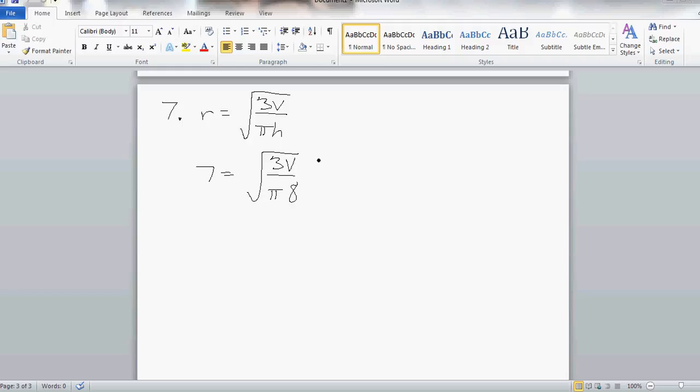So first thing, square both sides. So we get 3v over pi times 8 equals 49. Multiply both sides by pi times 8, or 8 pi. So 49 times 8, well, it doesn't really matter because we're going to be plugging all this into our calculator shortly.